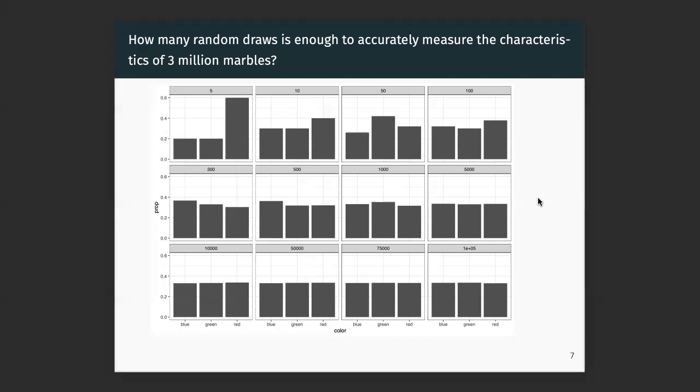We can describe sampling error as mu minus X bar.